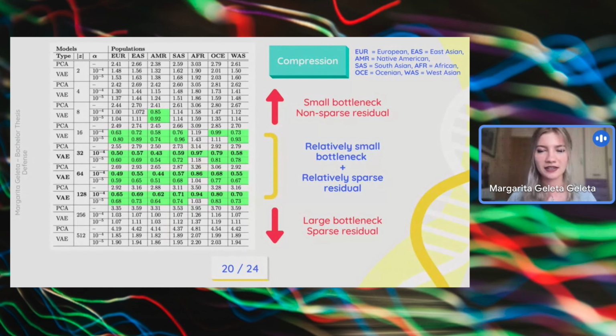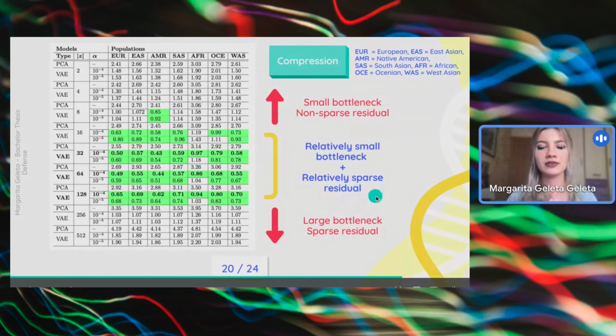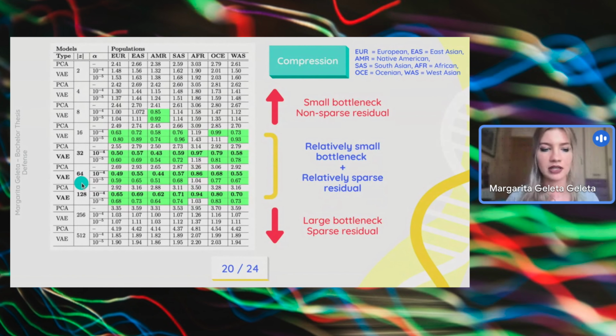So that's why we need to find an intermediate point where we have a relatively small bottleneck and a relatively sparse residual, which we found that the best combination is having 64 latent factors, where we achieve 2 times compression in the European population and in the Native American population. And it can even compress the African population, which is the population with the highest variability.